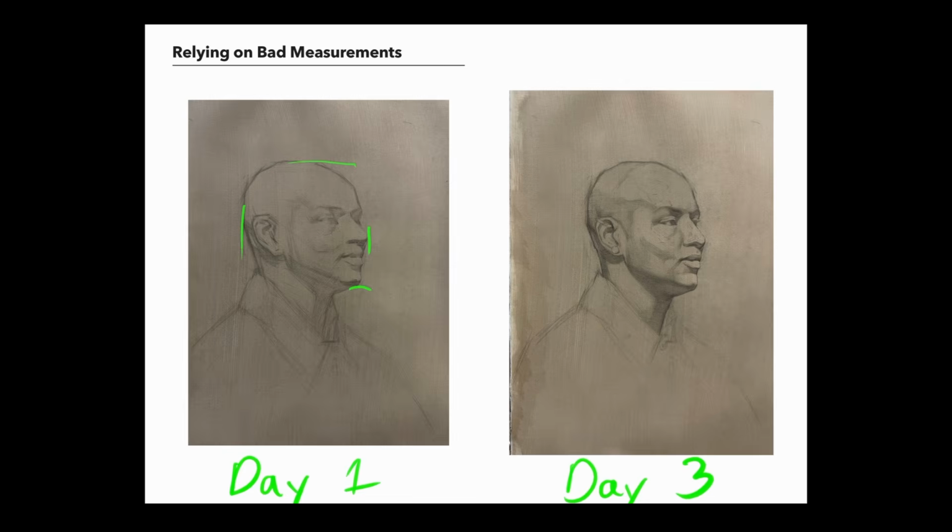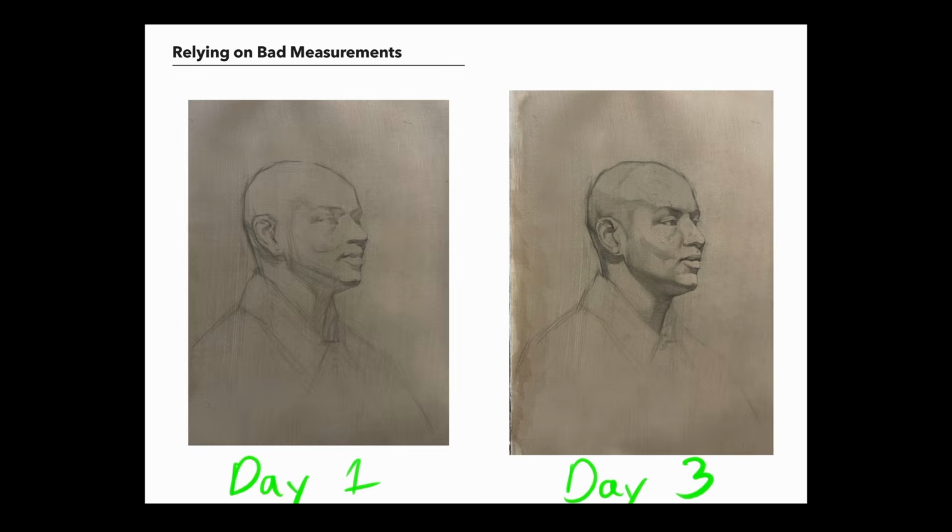As a result, I kept thinking, oh, I must be doing something with the mask of the face. That's why it's feeling a little strange. And it wasn't until day 3 where I realized nothing I was doing was making it feel closer, more accurate. It wasn't really giving me the likeness of the model. All of that was coming into play, and I realized, oh, my measurement was wrong.